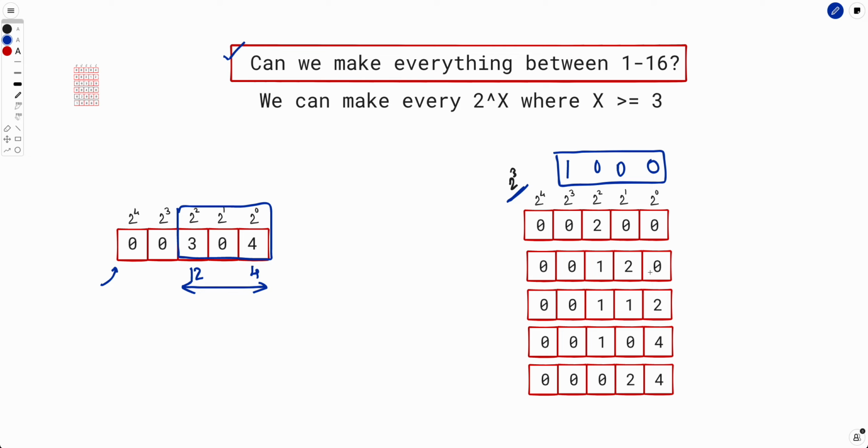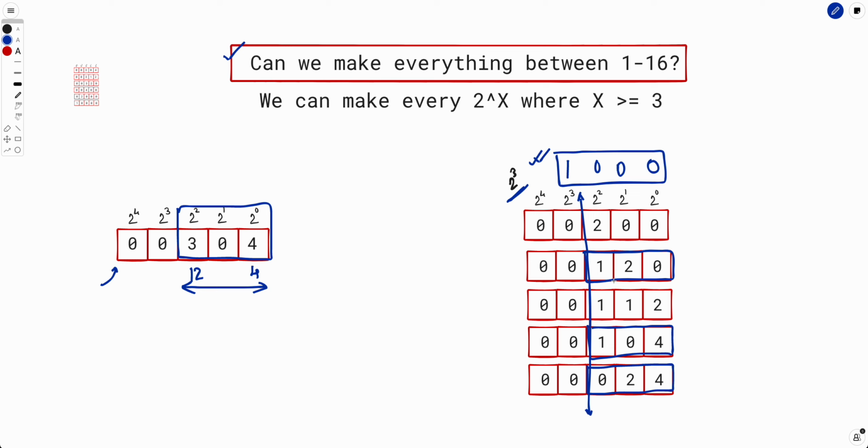So what you can see is there is a configuration that has 2 to power 0, a configuration that has 2 to power 1, and a configuration where there is 2 to power 2 as well. Basically, any possible configuration of these three elements, if they sum up to 8, I should be able to make 8.